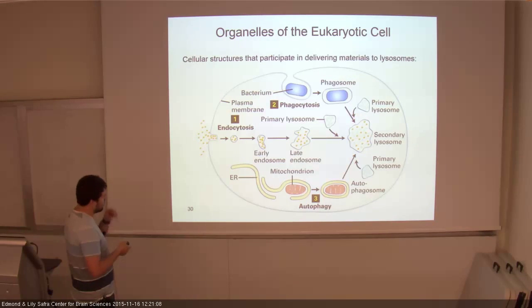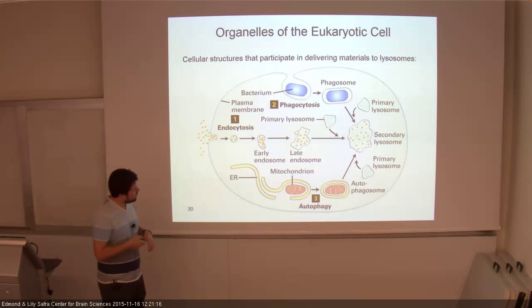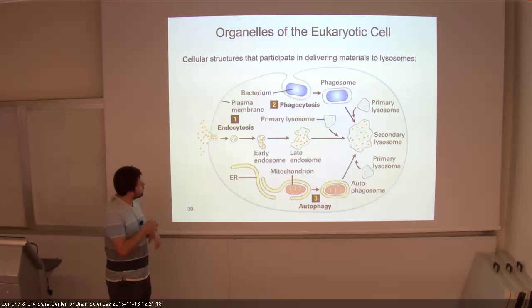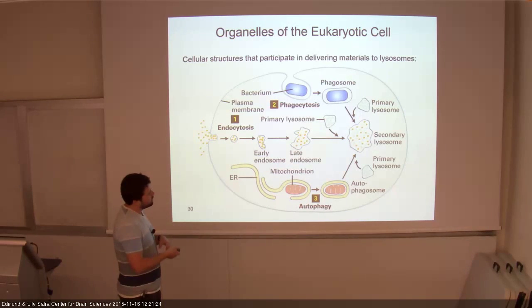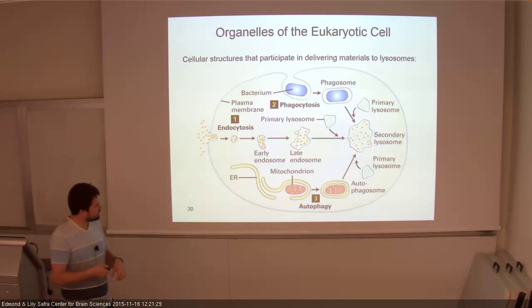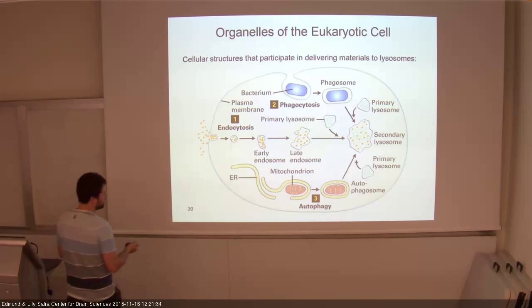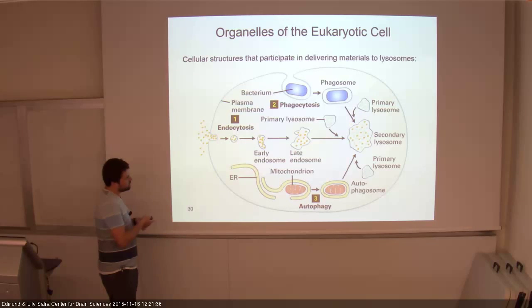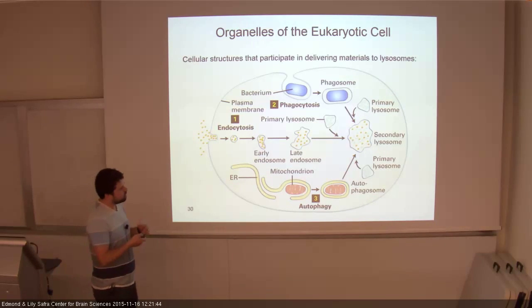You can also have endocytosis, a process in which the cell takes in nutrients and forms endosomes, which later come together into lysosomes. Or you can have autophagy vesicles, in which, in this example, an old mitochondrion needs to be degraded. It's encapsulated in the membrane of the ER, and then this compartment is converted into a lysosome.